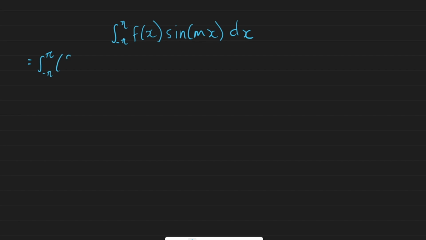So that's a naught over 2 plus the infinite sum, where n starts from 1, goes to infinity, of an cos nx plus bn sine nx, being multiplied by sine mx.